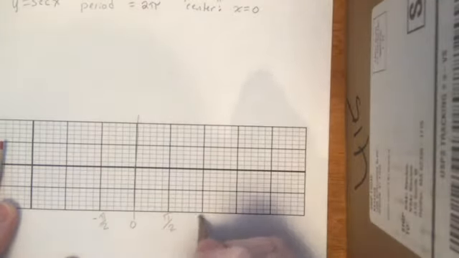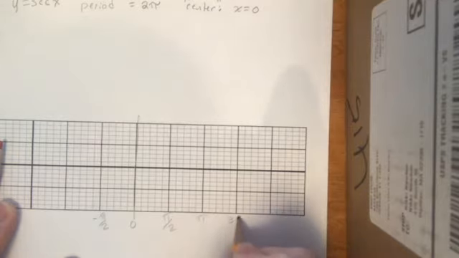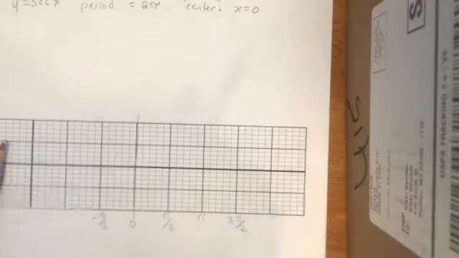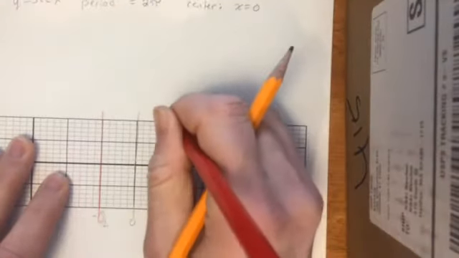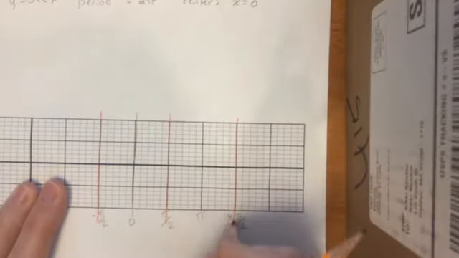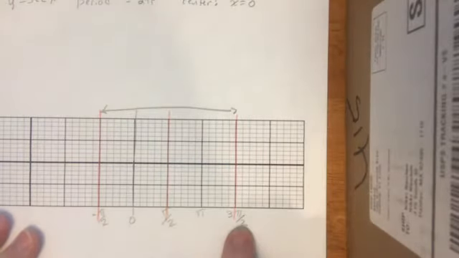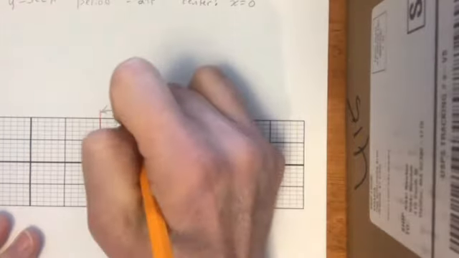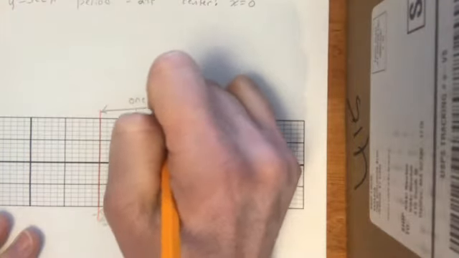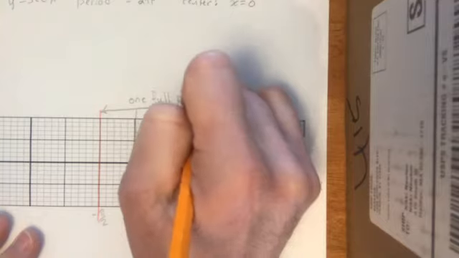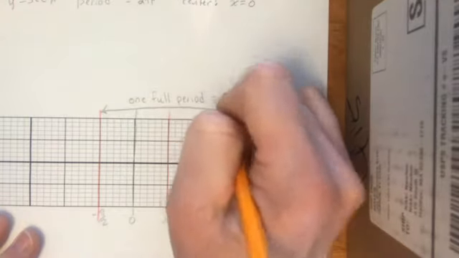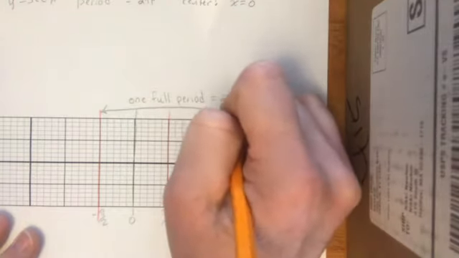So if I mark off pi and 3 pi over 2, I have asymptotes every horizontal distance of pi. That's not an entire period. An entire period or cycle goes from negative pi over 2 to positive 3 pi over 2. So this is one full period, and notice that's a distance of 2 pi.